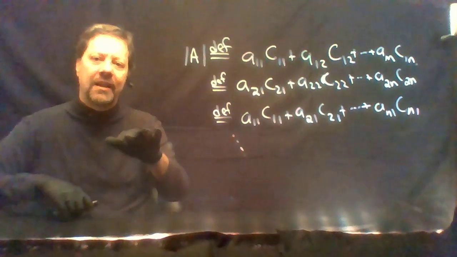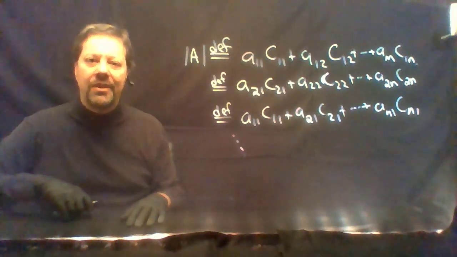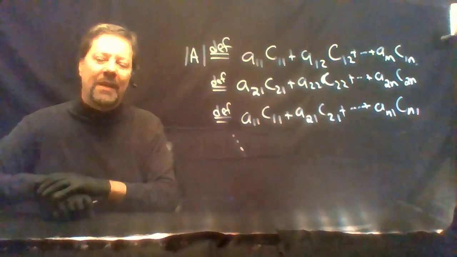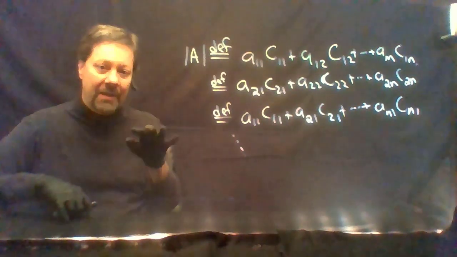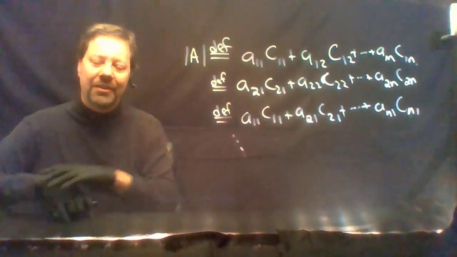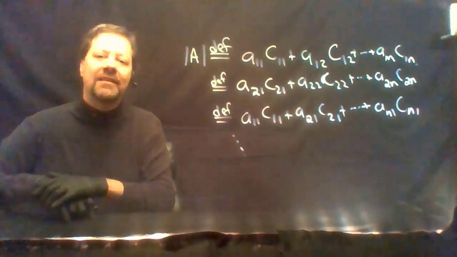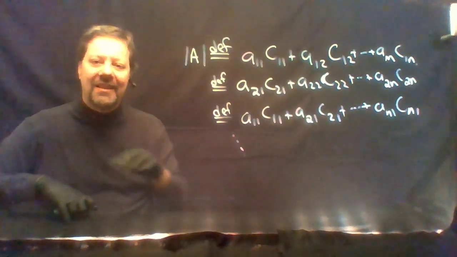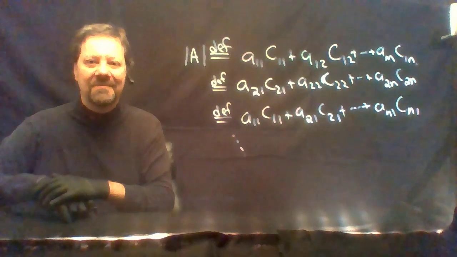So a 3 by 3 determinant can be broken down into 3 2 by 2 determinants. Similarly, a 4 by 4 determinant is 4 3 by 3 determinants added up in a cofactor expansion, and those in turn are 3 2 by 2s each. So you can break this down all the way down to 2 by 2 determinants, which we've already defined.